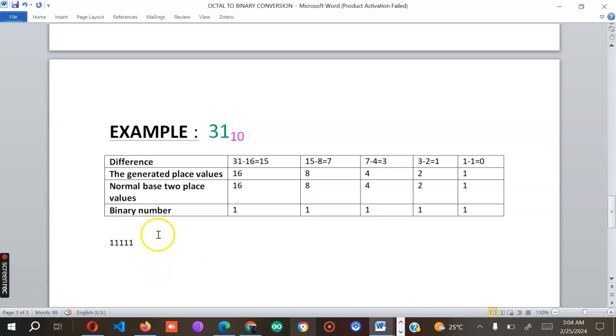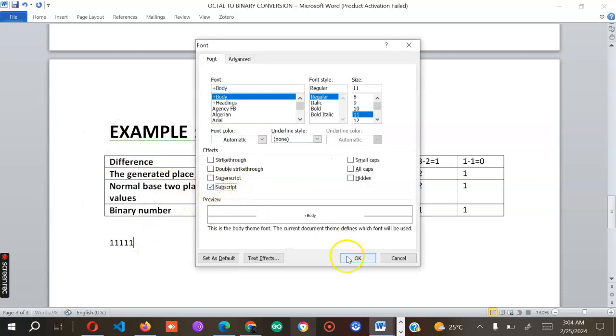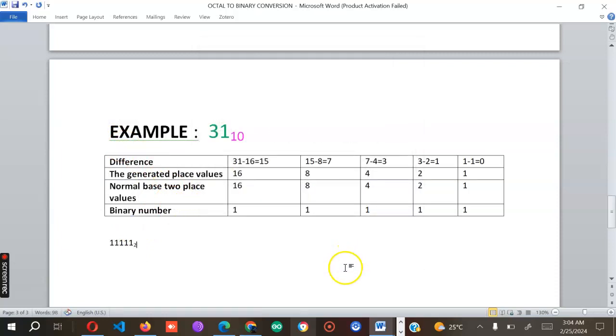Then we have base 2. So that is the answer for this one. That's the eventual answer that you'll get after you convert that one to base 2. I hope up to that point you have been able now to convert a number from decimal to binary using the place value method.